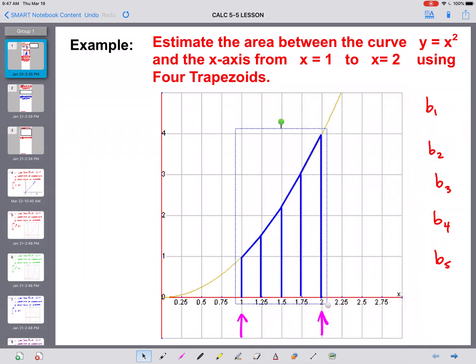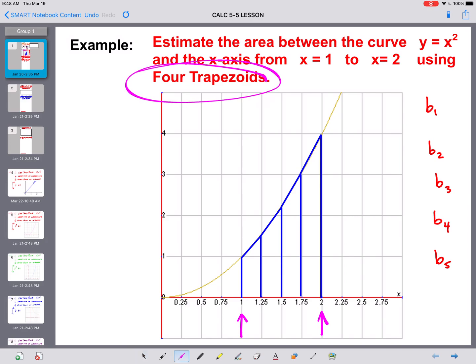Now, look at the bases. Yes, there are 4 trapezoids. That's what the problem called for. Look at the number of bases. Here's going to be base 1, this will be base 2. That's the first trapezoid.